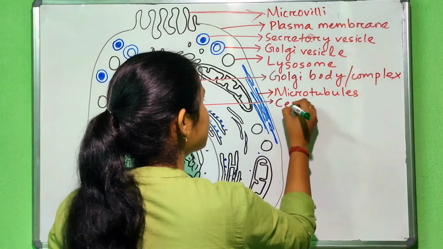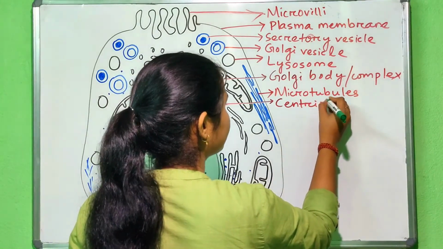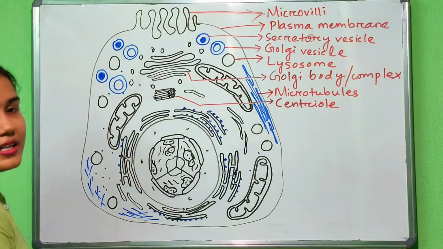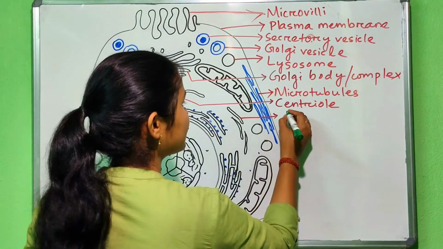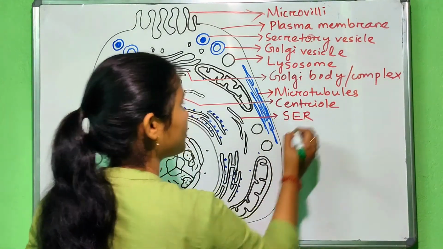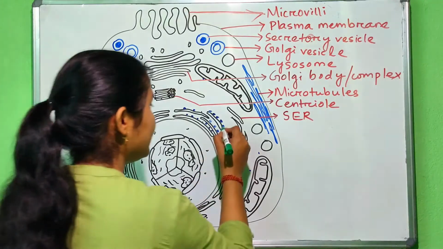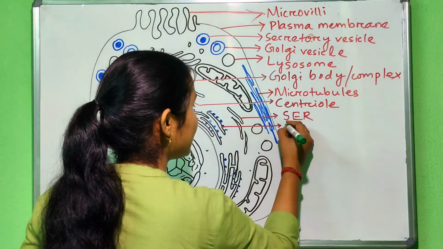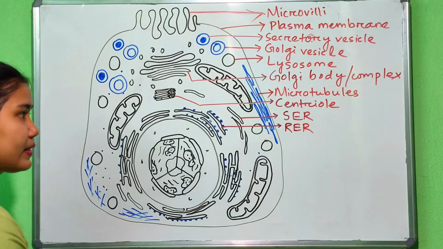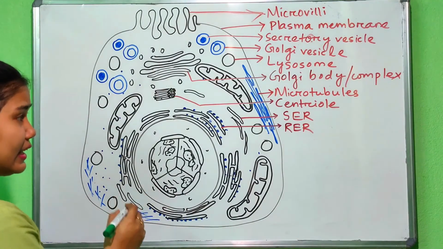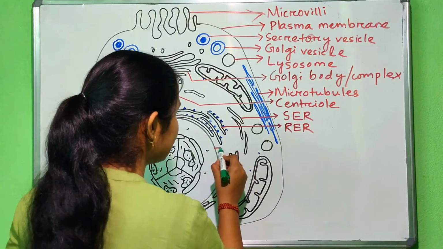This is the centriole. Now what are these? These are the smooth endoplasmic reticulum, SER. And these are the rough endoplasmic reticulum. Okay, clear?